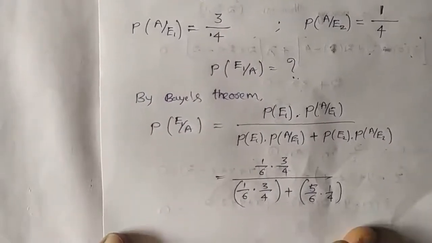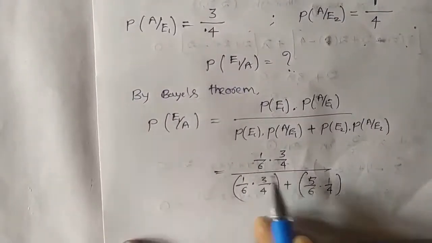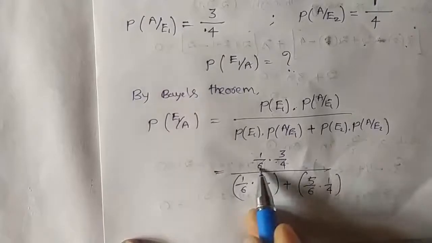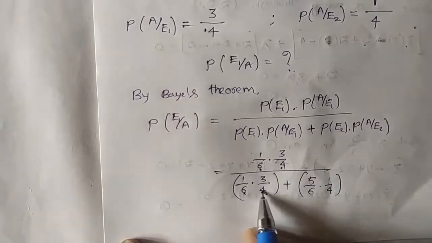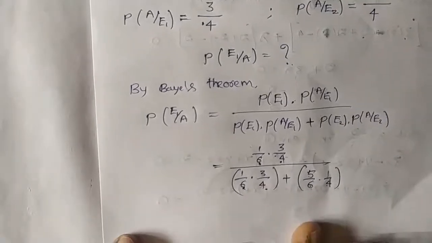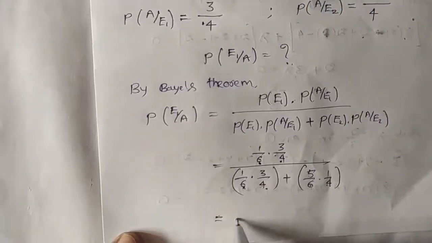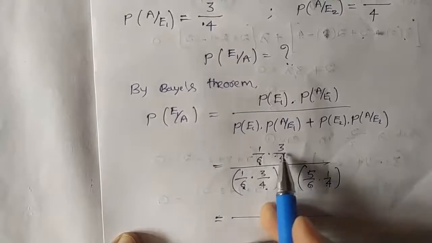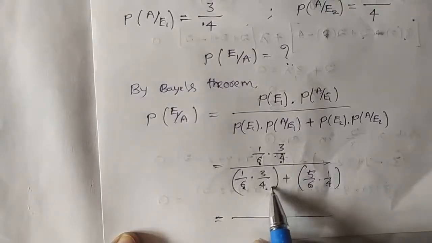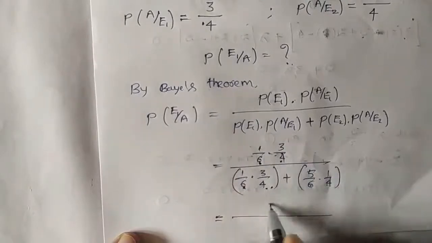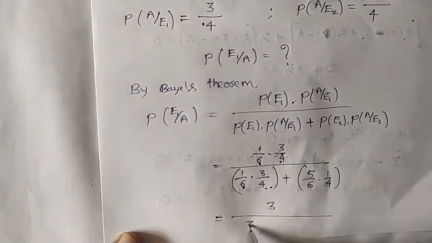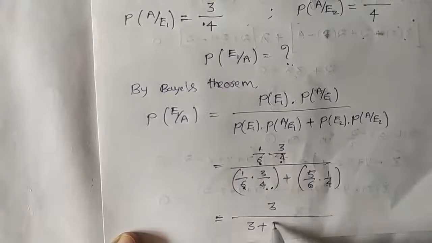Yes, we know that the LCM in the numerator, 6 into 4, is 24. The LCM in the denominator, 6 into 4, is 24. That can be understood: the numerator LCM and the denominator LCM will get cancelled. Write the remaining steps. 1 into 3 is 3, plus 5 into 1 is 5.